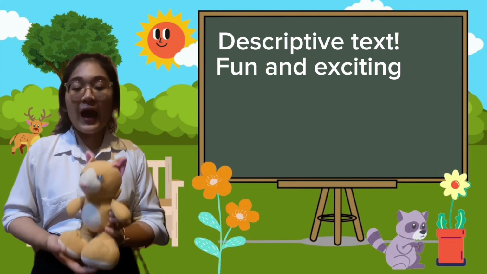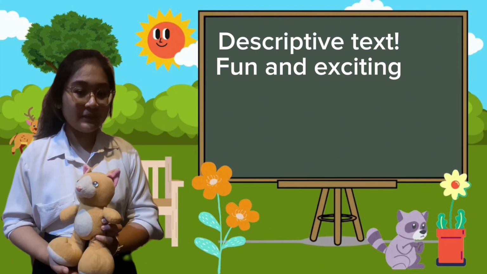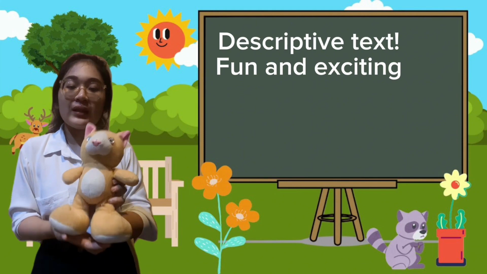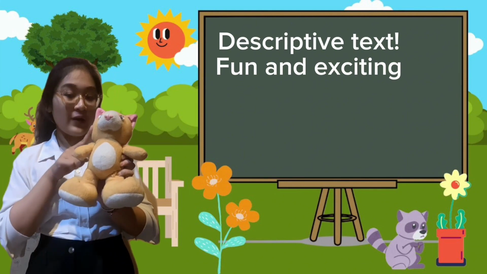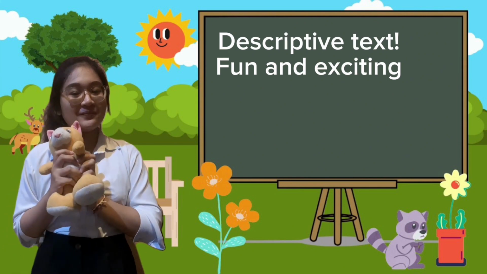Now, let's see how we can use words to describe Pom Pom in more detail. Imagine Pom Pom is with you guys, a fox doll that's incredibly adorable. Its fur is soft brown, as if you can feel the warmth of velvet when you touch it.